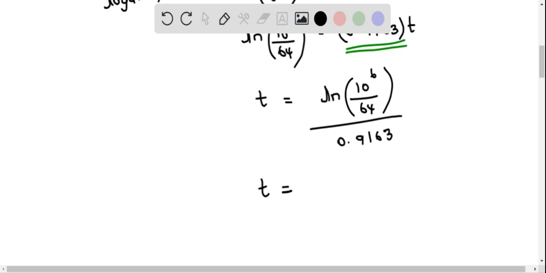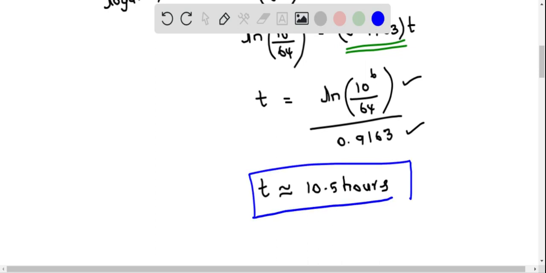First plug in 10 power 6 over 64, then apply the natural logarithm to this, and finally divide by 0.9163. When we do that, we get the approximate value of t, which is approximately 10.5 hours. Since time is measured in hours, we put the unit as hours. So it takes about 10.5 hours for the number of bacteria to reach 1 million.